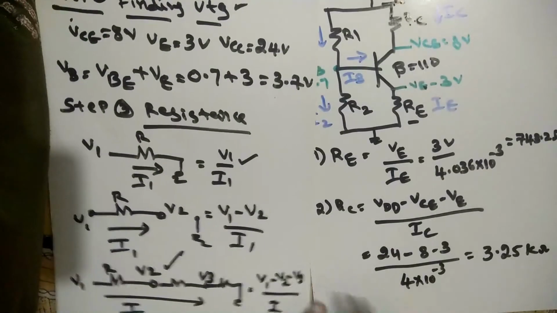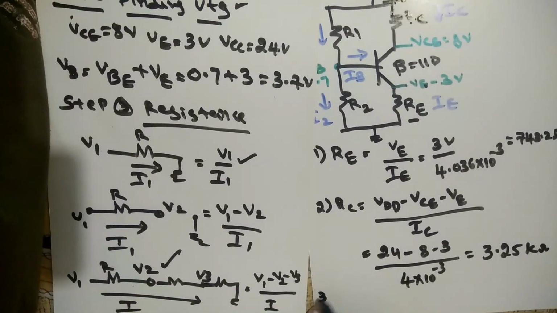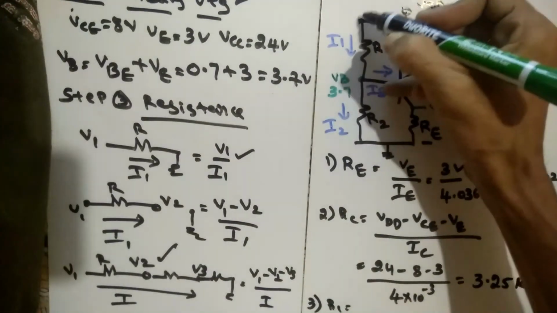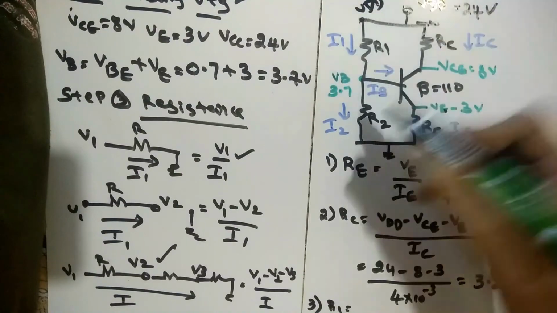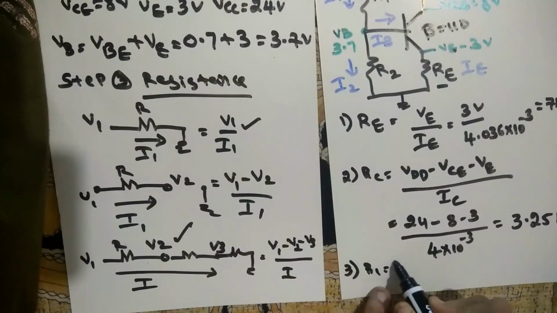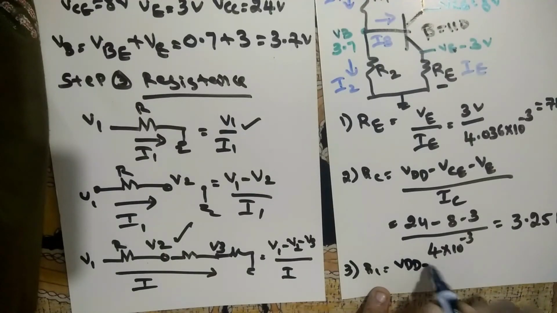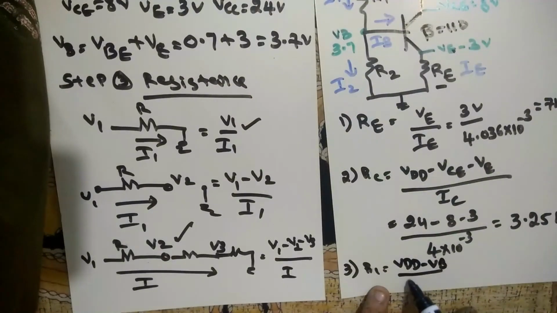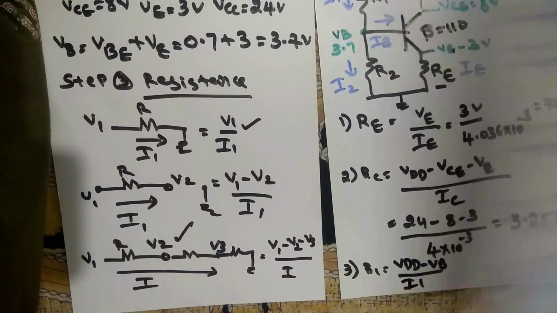Similarly we can go for the third one, called R1. How to take the R1 value? Here at R1 we have VDD on one side and VB on this side. So it is a simple operation: VDD minus VB divided by the current I1.